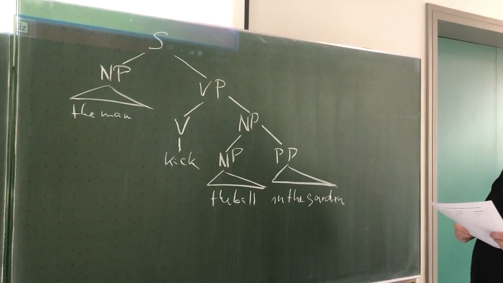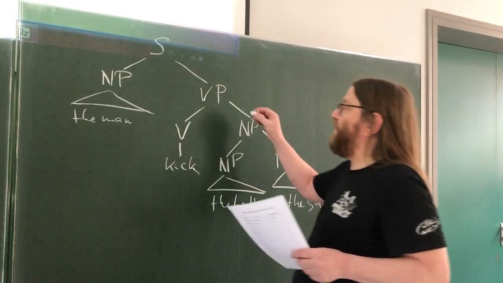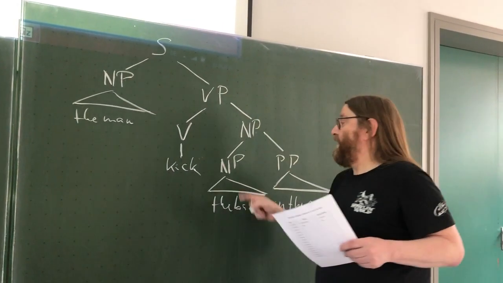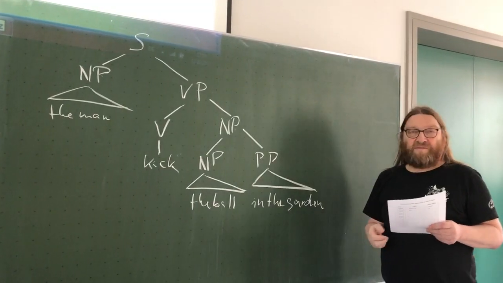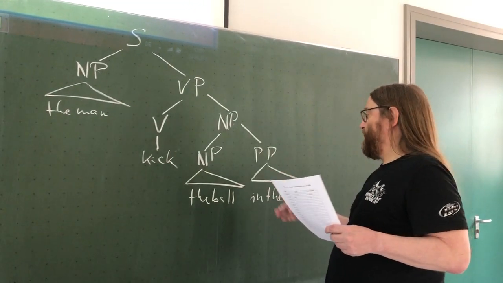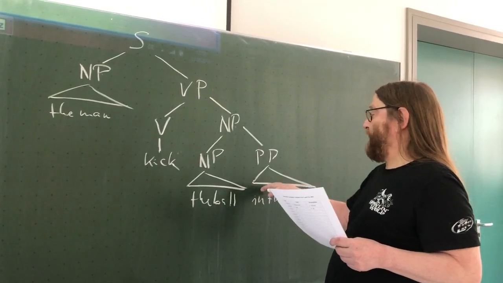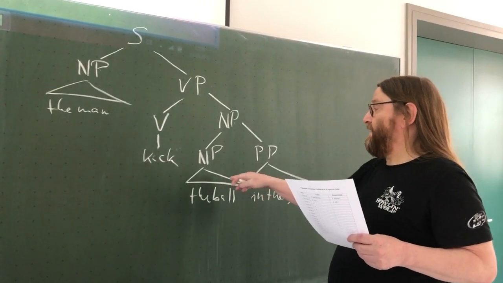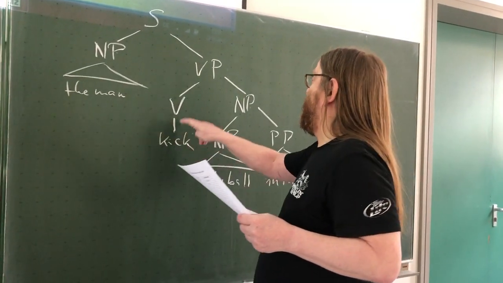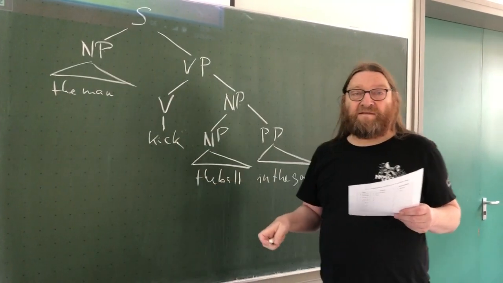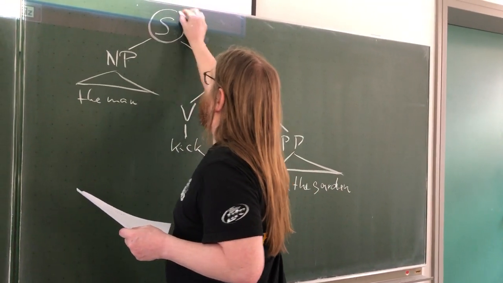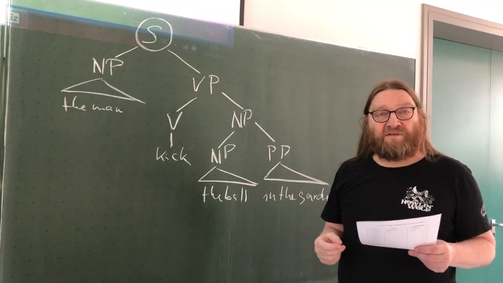Okay, so all the so-called nodes, this one, this one, this one, this one, they have something in common. A prepositional phrase has a P as the head, a noun phrase has an N as the head, a verb phrase has a verb as the head, but there is one odd man out. And that is S itself.